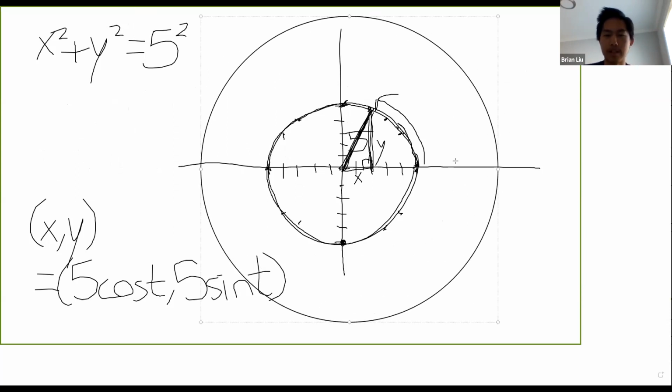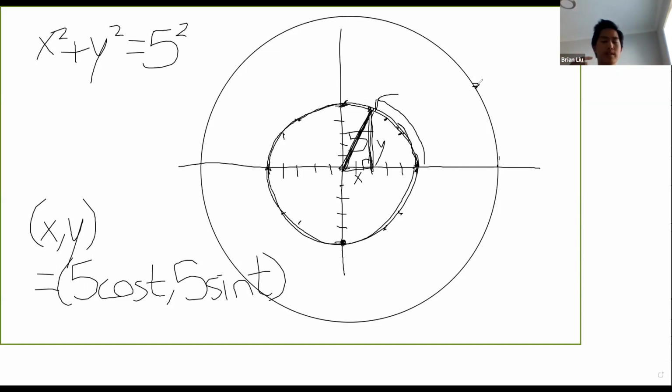It would be something like this, right? It would have radius 5 times 2, which is 10. So how do we get the values that satisfy that x and y so that they lie on this circle?